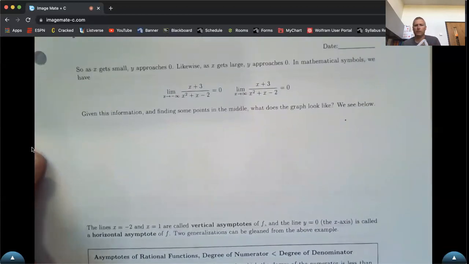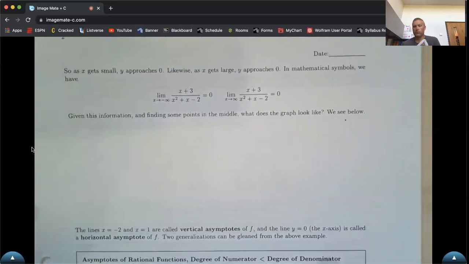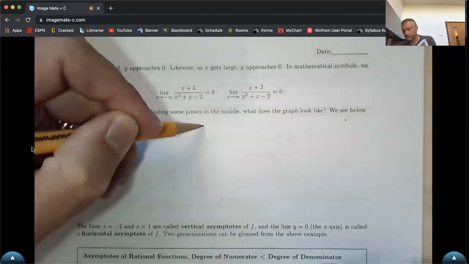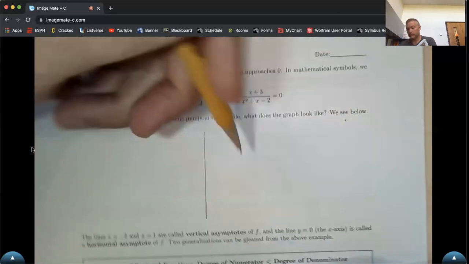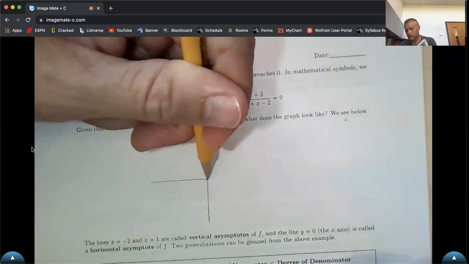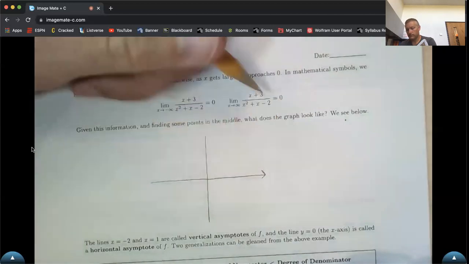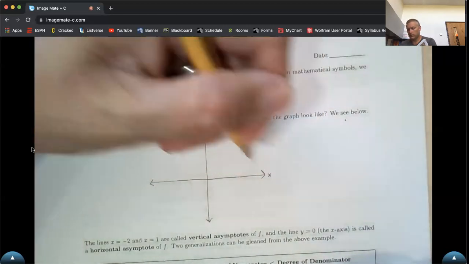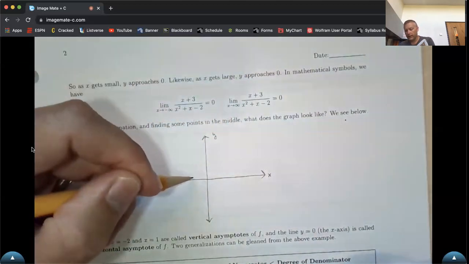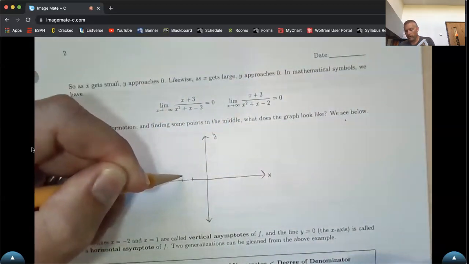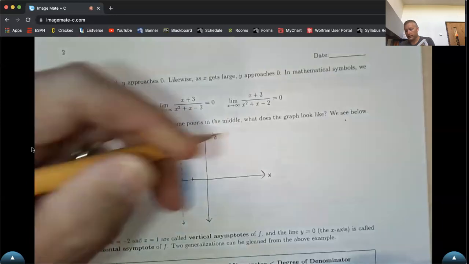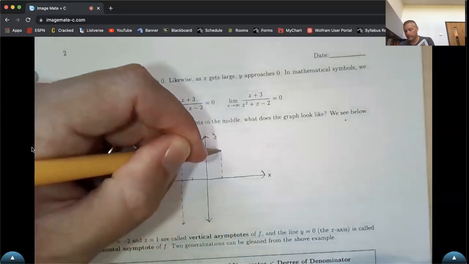Okay, so we can sort of get a crude picture of this graph. We have these bad numbers at -2 and 1, so I'm going to make some dotted lines here to represent those.